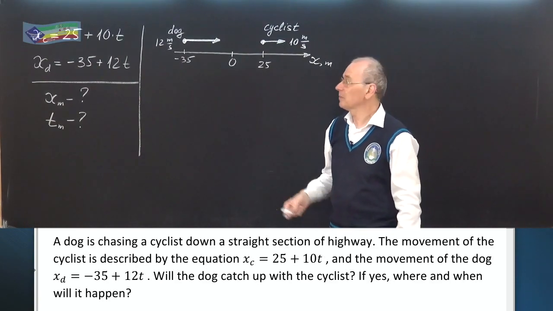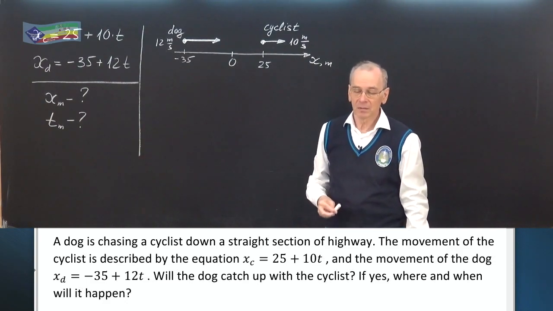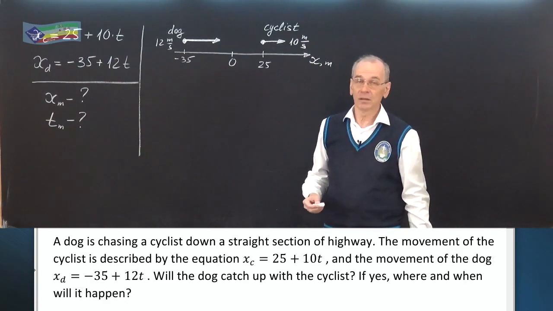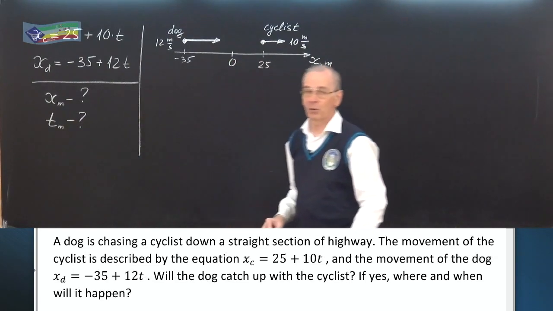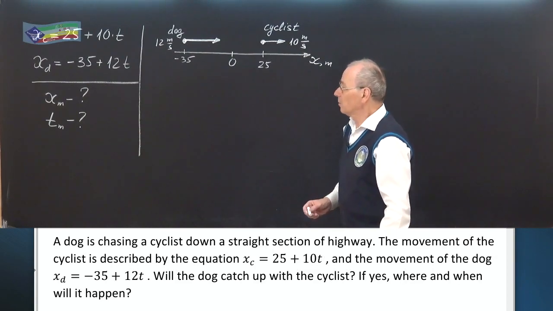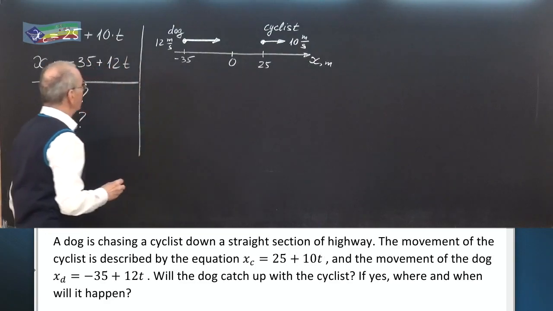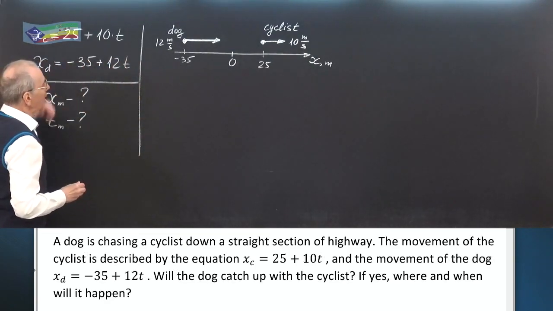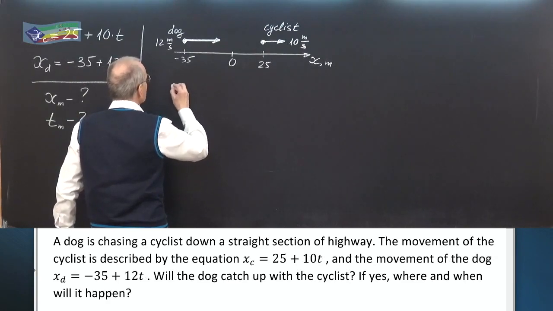That means that the dog catches up with the cyclist, and we can find the time and coordinate of the meeting. A meeting is the event when the coordinates of the bodies are the same at the same moment in time. So we can write the condition of meeting.